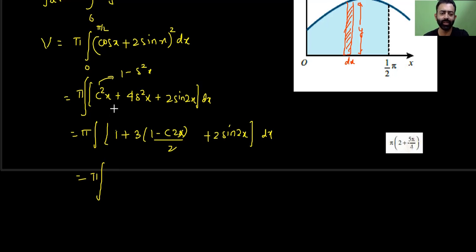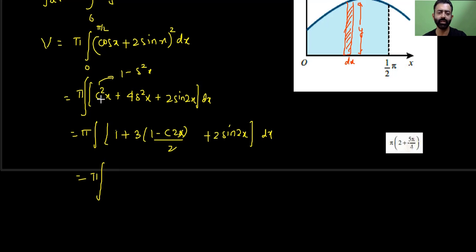What mistake I did is that I haven't converted this cos square x into cos 2x. In order to simplify the calculation, means not converting cos square x again into double angle formulas and sin square x also into double angle formulas, I have just saved the time by first converting cos square x into sin square x by writing 1 minus sin square x and then counting the total number of sin square x.